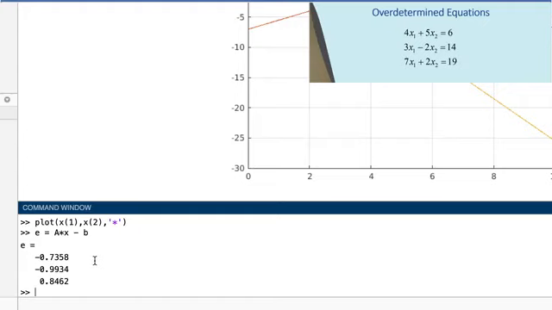And for this case, there are 3 of them. But now, instead of looking at the error with the maximum absolute value, which in this case equals 0.9934 and pertains to just one equation, which happens to be the second one, we're going to look at a measure of error that includes all the equations. It's called the squared error, and it equals the sum of the squares of all the elements of E.